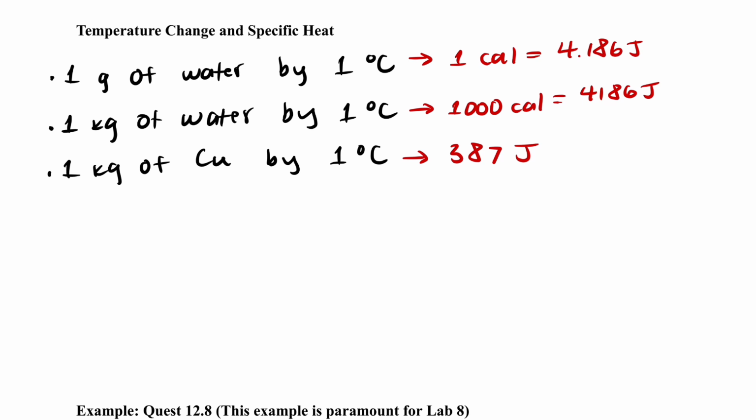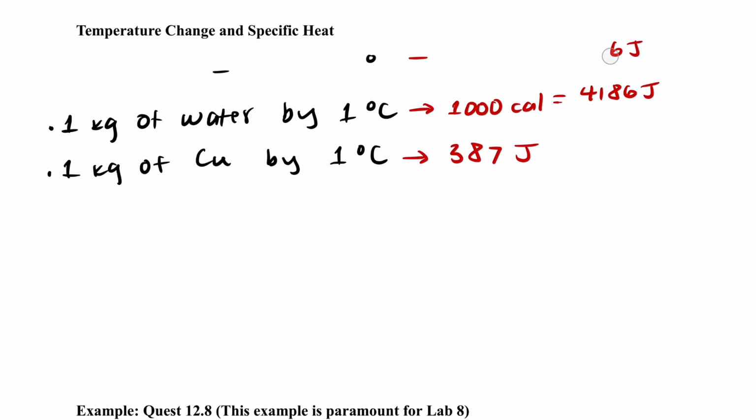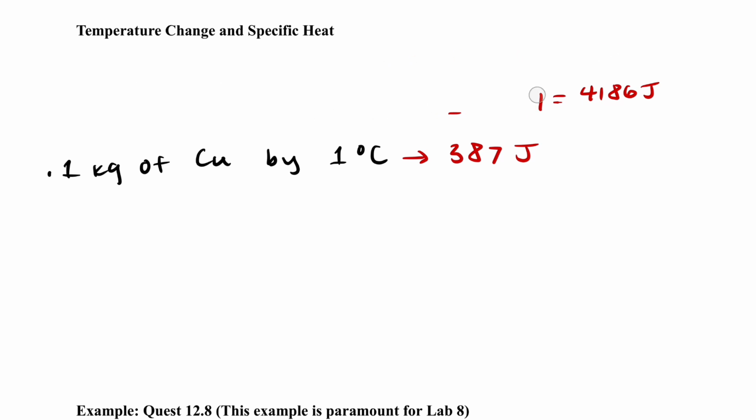So then we can say there is a relationship between the way in which different substances change their temperatures based on their composition and how much of that stuff you have. So this is, I'm going to say, the main equation for this lesson. All right, let's label this thing.